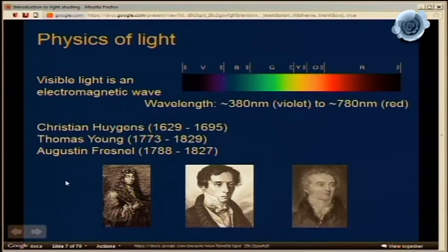Light was thought for a long time to be made of particles, like small quanta of light, and the wave nature of light was first suggested by Huygens, and the real breakthrough was made by Augustin Fresnel, who released a thesis to the Académie des Sciences, which is now considered to be one of the best pieces of work in science.